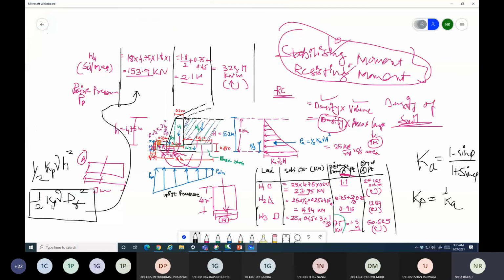So find the value of 1/2 KP, gamma is 18 and depth of footing you have 1.2 meter, 1.2 square, so you can get the passive pressure over here. Then the distance of passive pressure will be H by 3 or DF by 3, depth के थर्ड 1/3 पे लगेगा. So DF/3. Whatever value you are getting over here and DF/3 will give the passive pressure moment over here.